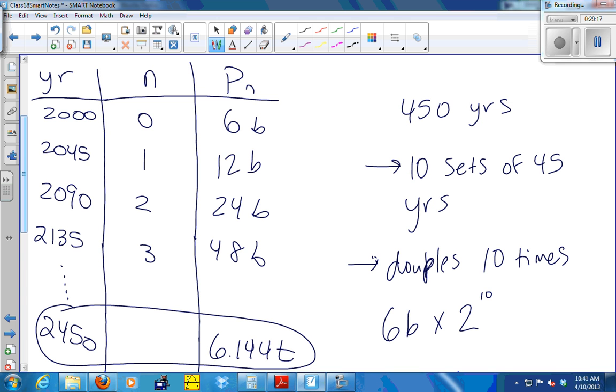But then I said this isn't a convenient way to define n if I'm trying to find the population in a year that's not a multiple of 45. So instead, let n be the number of years since 2000. I'm changing all these: instead of this being 1, it would be 45, and this would be 90. Does that make sense? Yes.